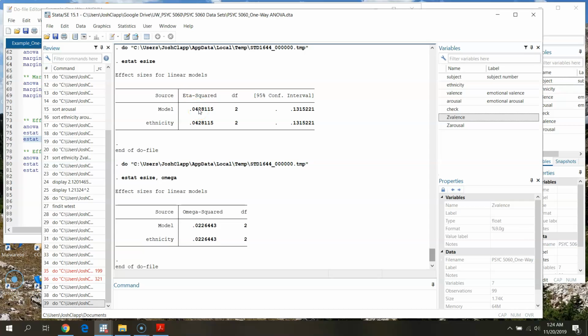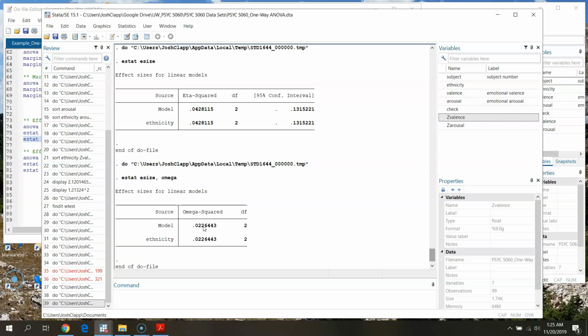And so if we want a better population estimate, in the general population, how much shared variance would we expect between racial ethnic groups and ratings of emotional valence? Our population estimate is about 2.3% of the total population variability in the hypothetical population of individuals viewing this film.